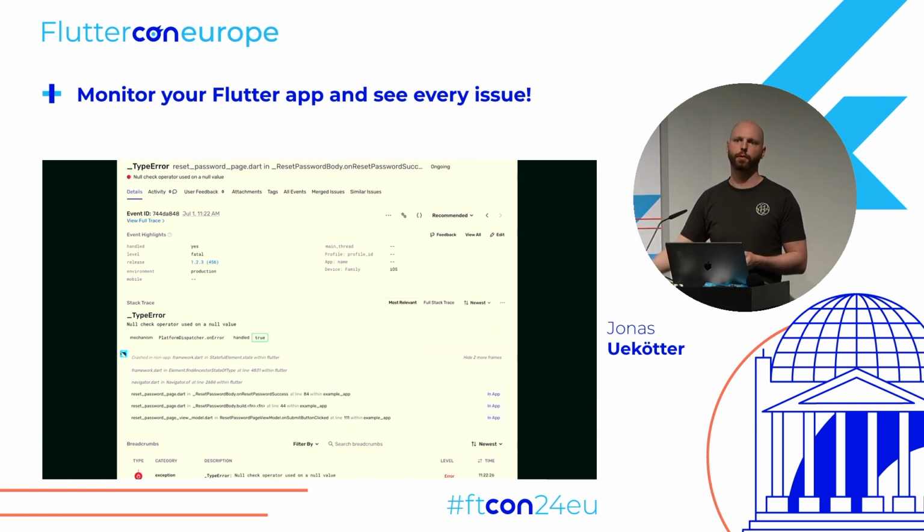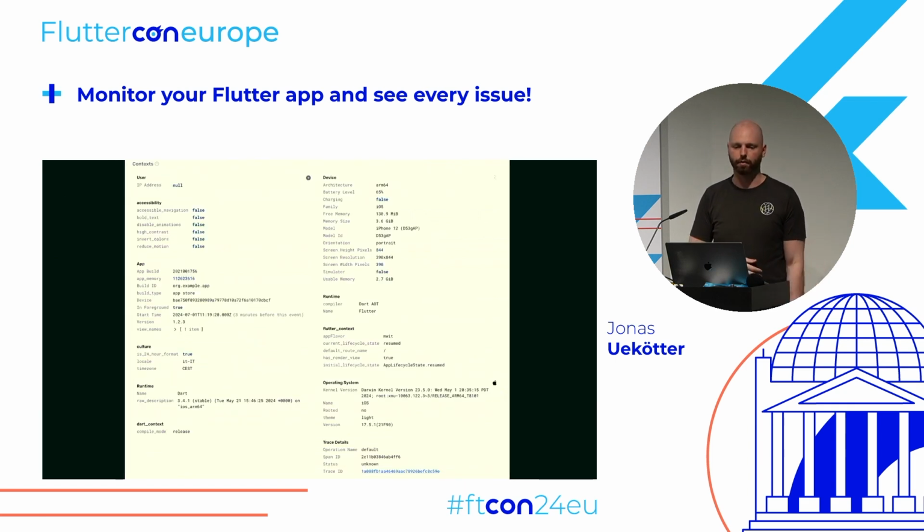It's mostly the same information, just looks a little bit different. And as seen here, we get lots of information that ideally helps us to easily fix the issue. So we can see on which operating system the exception has been thrown, in case it might be specific to a certain operating system.